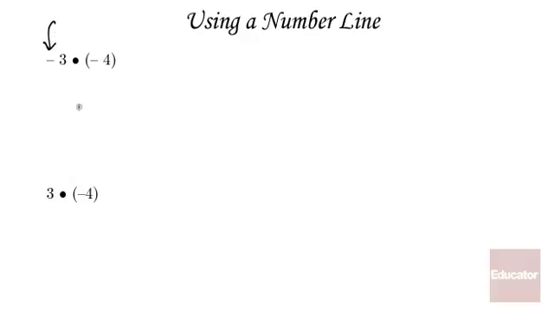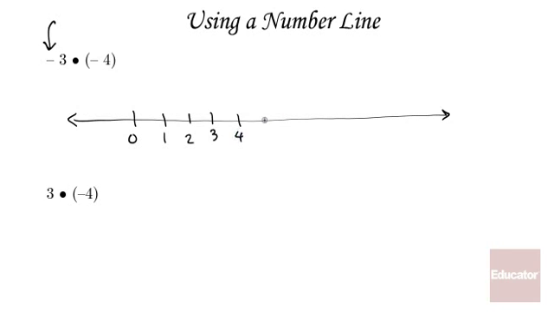So the opposite of 3 groups of negative 4 would be to move in the positive direction. So instead of moving in the negative direction on the number line, I'm now going to move in the opposite direction as represented by this first negative.